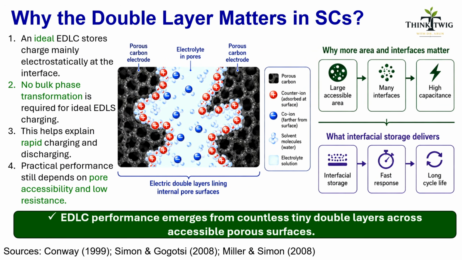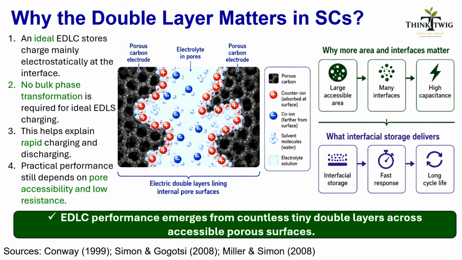Now we can connect this entire discussion with the working of an electric double layer capacitor. A porous carbon electrode contains a very large number of internal surfaces. Whenever the electrolyte reaches these surfaces, a double layer can form, and each small interface behaves like a tiny charge storage region. One such interface stores only a very small amount of charge.